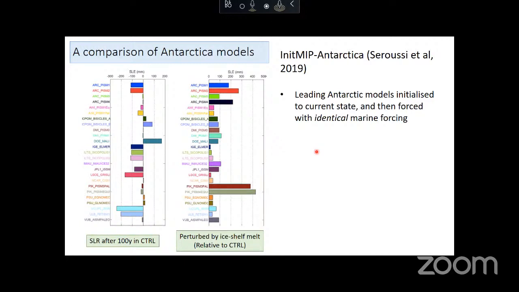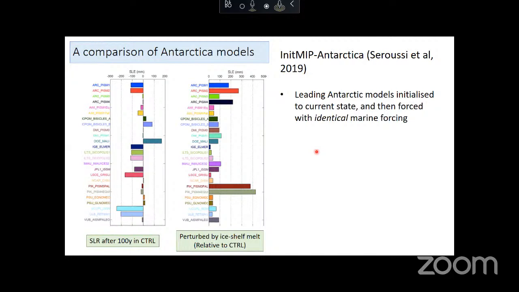Basically, this intercomparison took leading Antarctic ice sheet models from around the world and asked them to initialize their model, however they liked, to some representation of the current state of Antarctica. And then they took all of these models and forced them.